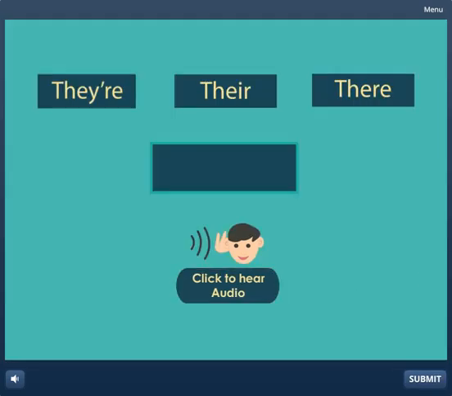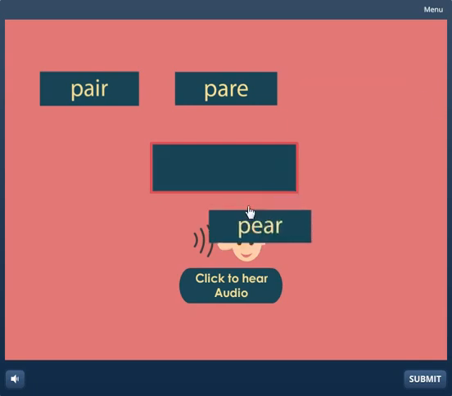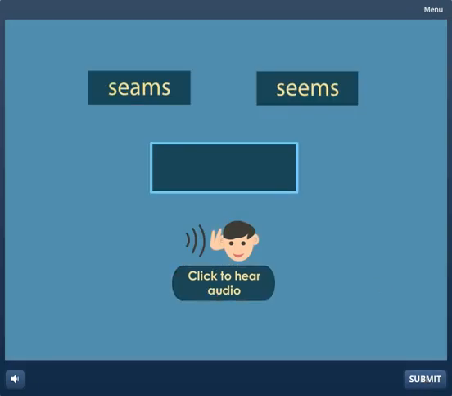Their brother takes care of them. Could you please buy me an apple and a pear from the fruit shop? It seems as if it's about to rain.